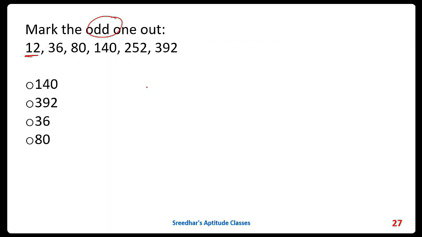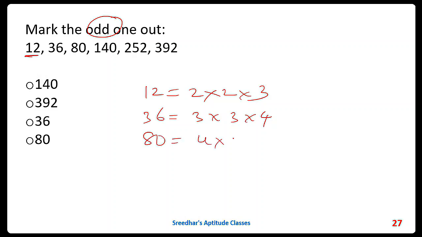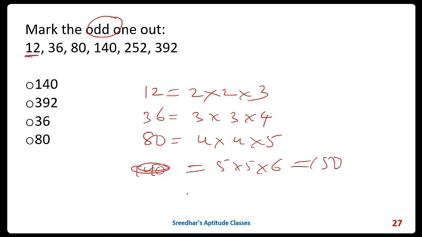So 12 is 2 into 2 into 3. 36 is 3 into 3 into 4. 80 is 4 into 4 into 5. 140: actually, next should be 5 into 5 into 6, which should be 150. After that, 6 into 6 into 7, 252, correct. After that, 7 into 7 into 8, 392, correct.